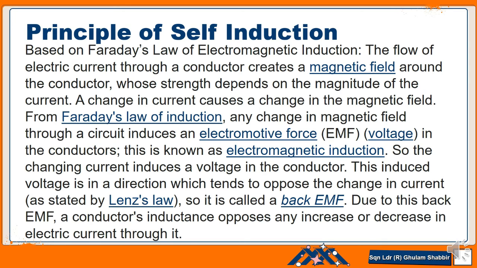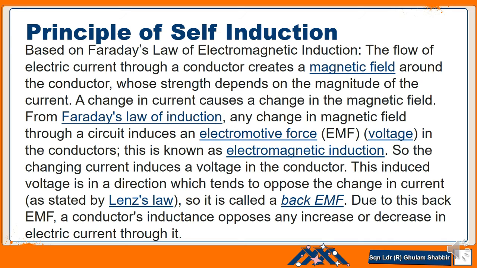Due to this back EMF, a conductor's inductance opposes any increase or decrease in electric current through it. In other words, we can say that self-inductance is the amount of resistance which causes to stop any change of magnetic flux in itself.